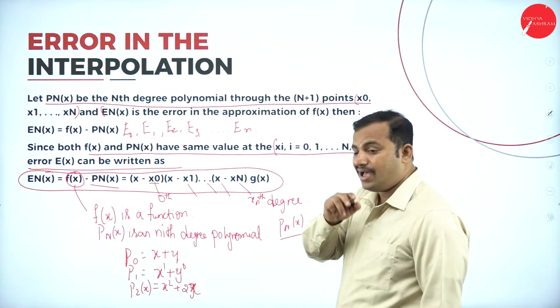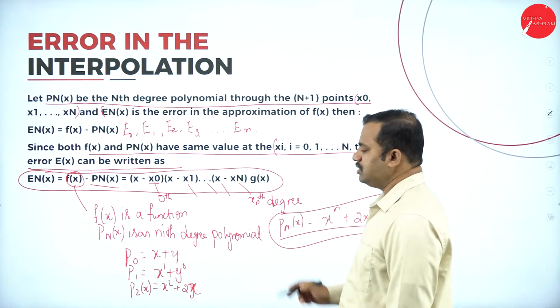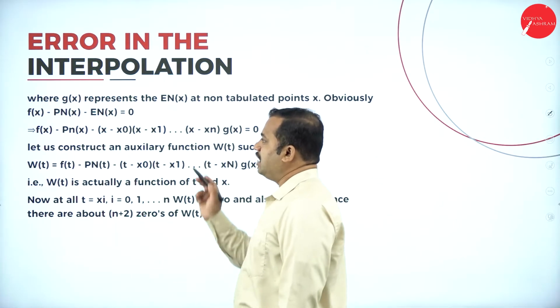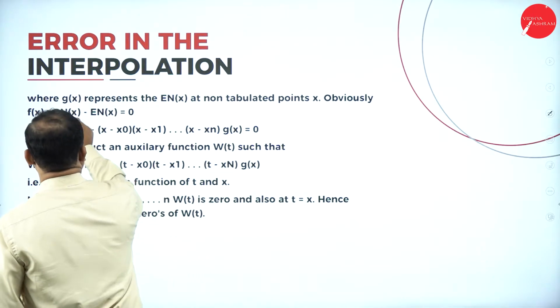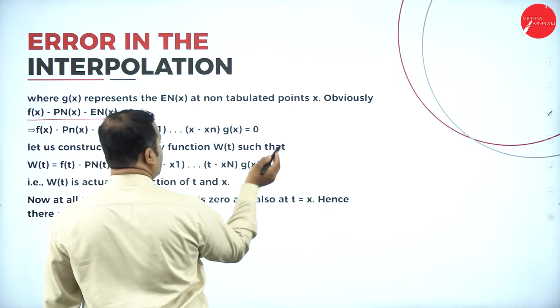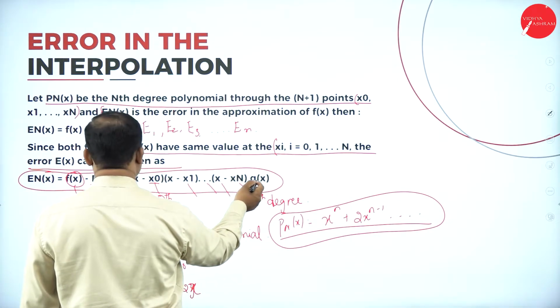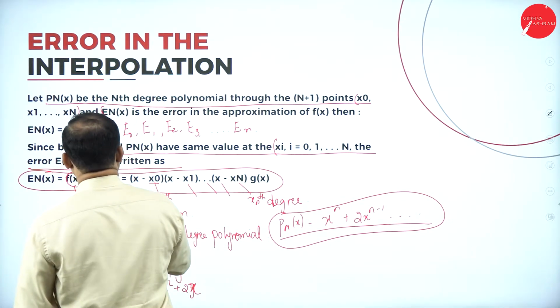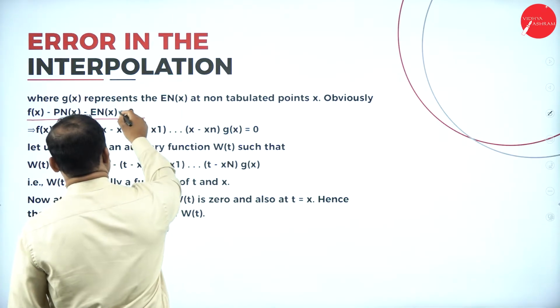What is the error in this Lagrange's interpolation approximation? That is going to be determined with the help of E of x, where G of x represents this value. If I rearrange the terms, G of x equal to f of x minus Pn of x minus En of x, which is equal to 0.